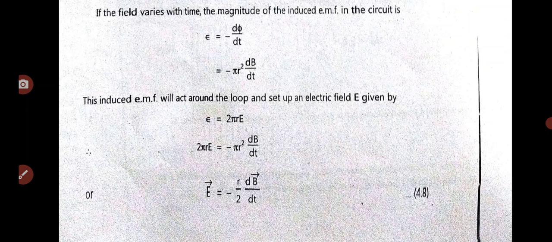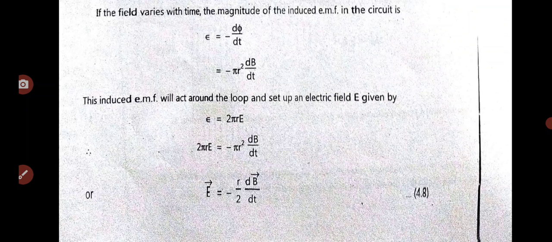And if the field varies with time, the induced EMF, considered as epsilon, is equal to minus d phi by dt, because the flux is changing with time. We already know that phi is equal to pi r square B, where pi r square is a constant factor, and the magnetic field varies.